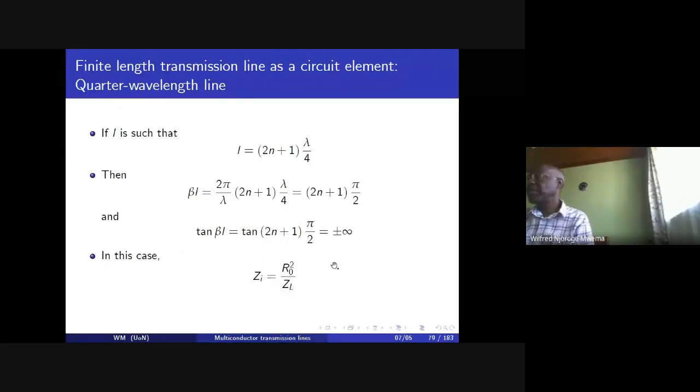And this is very important, especially when you are designing high frequency circuits or systems, because at certain frequencies, depending on how far your load is from the generator, if you use long lines, the signal will be short-circuited and you don't know why, or it would be open-circuited and you don't know why as well.